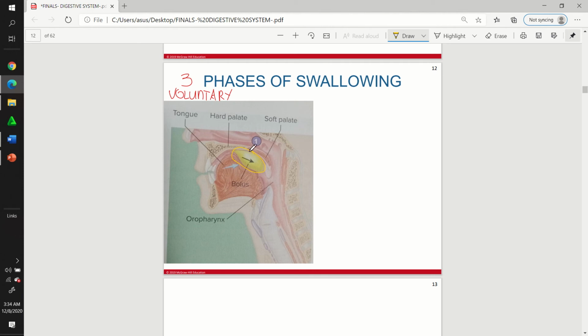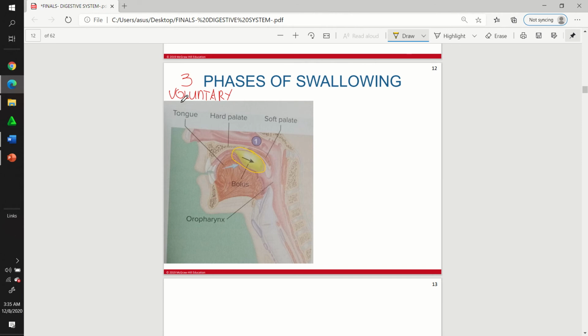Again, during the voluntary phase, a bolus is pushed by the tongue against the hard palate and the soft palate and posteriorly toward the oropharynx. In other words, class, a bolus or mass of food is formed in the mouth.